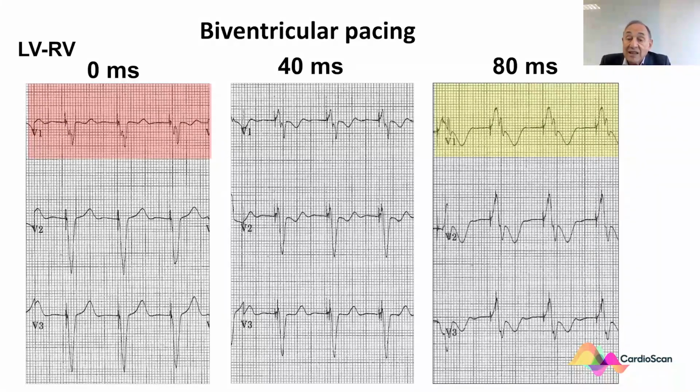Whereas on the right, we can see a right bundle branch block appearance when the spikes are brought out to 80 milliseconds, so that you can see the first spike and then the R wave, and then follows the right ventricle 80 milliseconds later. And in between 40 milliseconds, we can see a compromised situation that is in fact a right bundle branch block, but a much shorter distance between the left and the right ventricular stimulus artifacts.